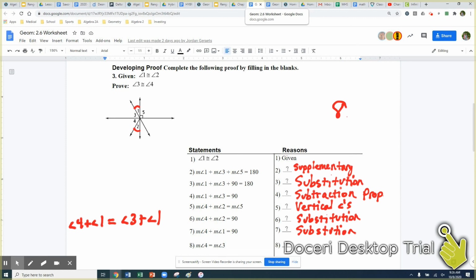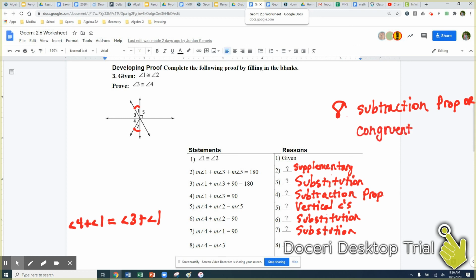So whatever's left for angle 1 and these two angles to equal 90 has to be the same as well. And that one is a little bit more tricky. I like using the subtraction property. That's what I put in the answer key. So we could use subtraction property, or you could also use congruent complements.